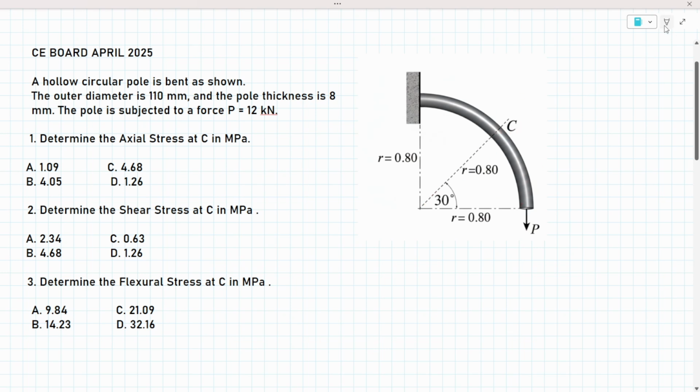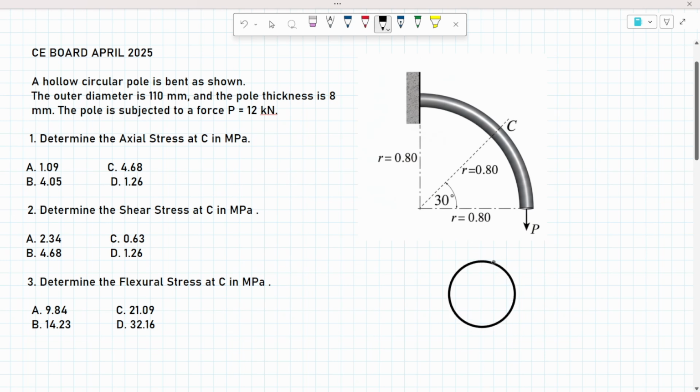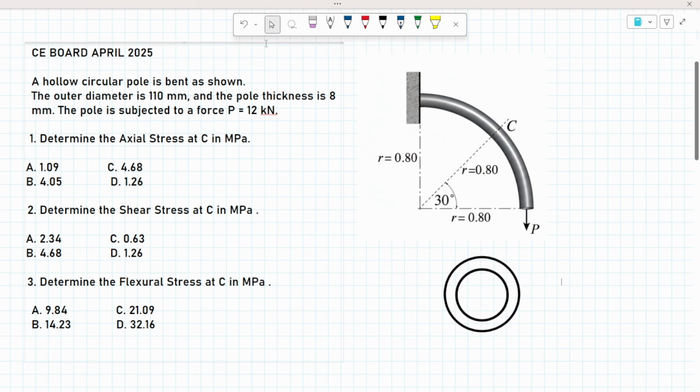And yung cross-section ng pole, we can start illustrating that. It is 110 mm, yung outer diameter. So hollow siya, no? Circular or hollow circular pole. Like that. And eto, the dimension here, this is 110.